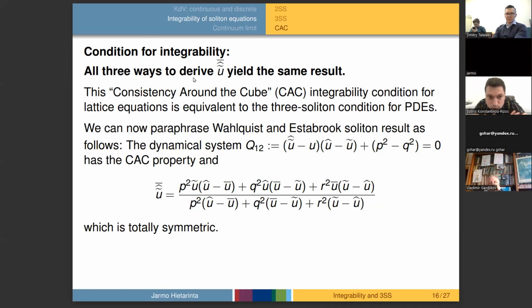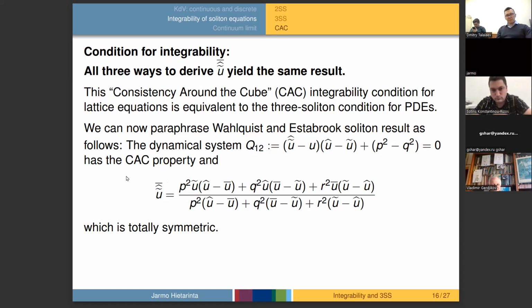We can now paraphrase the Wahlquist-Estabrook result. They had this KdV equation Q1, 2, and then they calculated the 1, 2, 3 and obtained this result, which is totally symmetric.